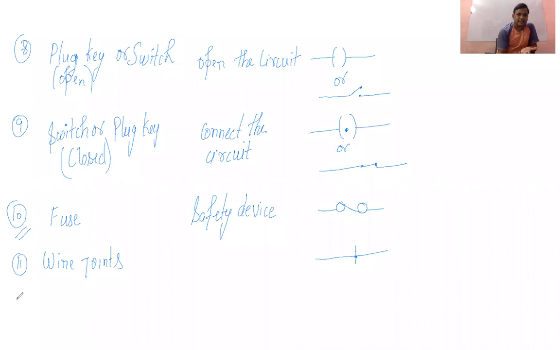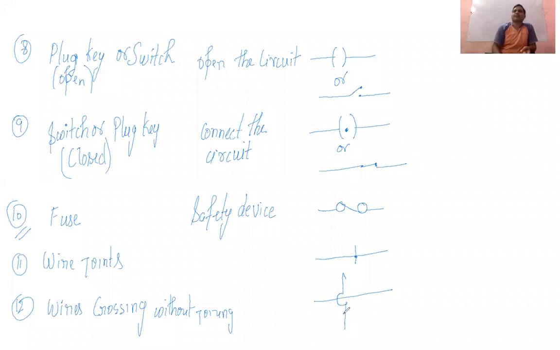And the next one, that is your last one, is wires crossing without joining. Suppose the wire is here and it is crossing without joining. So the symbol will be like this. Okay. Is it clear to all of you?